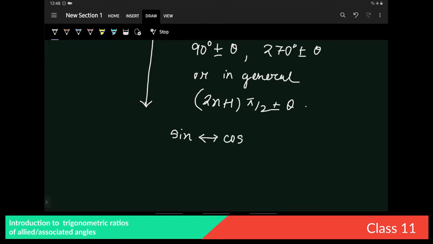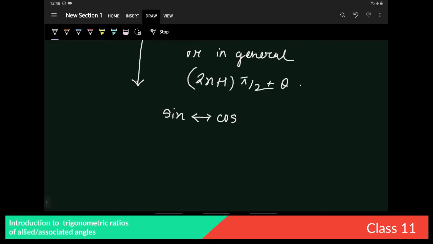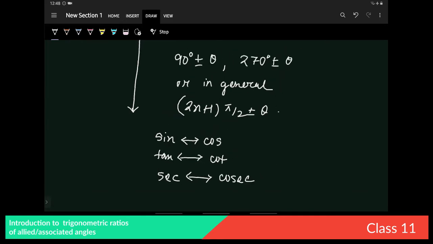I have given this reversible arrow. It means that sine changes to cos and cos changes to sine. Then tan changes to cot, cot changes to tan. Sec changes to cosec, and cosec changes to sec. So this is the working rule.